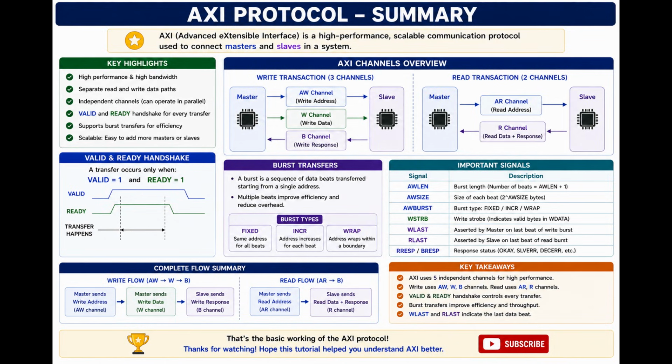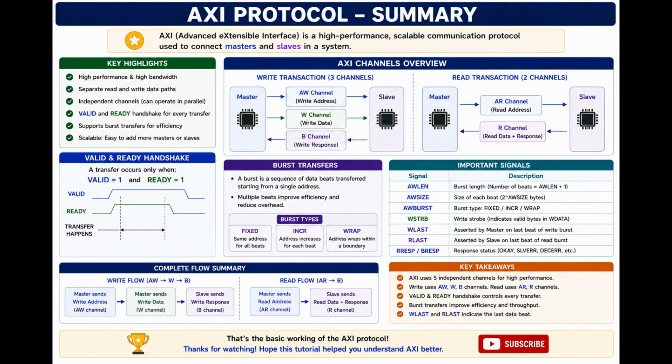Now let's quickly summarize what we learned about AXI till now. AXI is a high performance communication protocol used to transfer data between different components in a system. It uses independent channels for read and write transactions, and uses the VALID and READY handshake to control every transfer. For write transactions, AXI uses AW, W and B channels. For read transactions, it uses the AR and R channels.